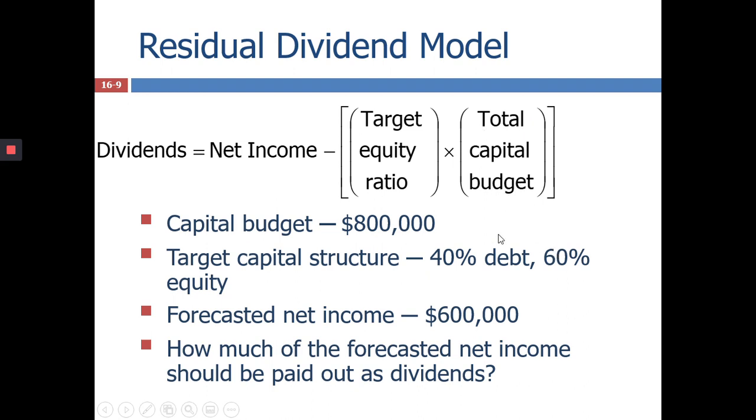So 60% times 800,000, you get 480,000. So 600,000 minus 480,000, you should be getting 120,000 as the dividends. So that is the residual that you'll be paying out as the dividends.